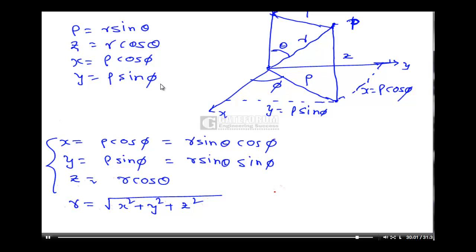Or we can say that rho by z is equal to tan theta. Theta is equal to tan inverse rho by z.